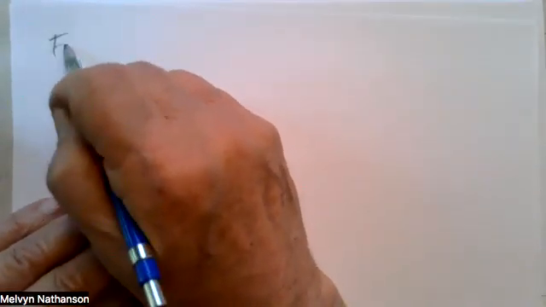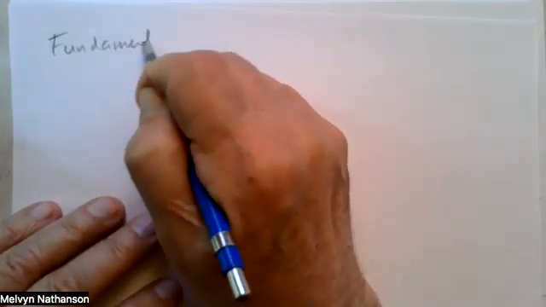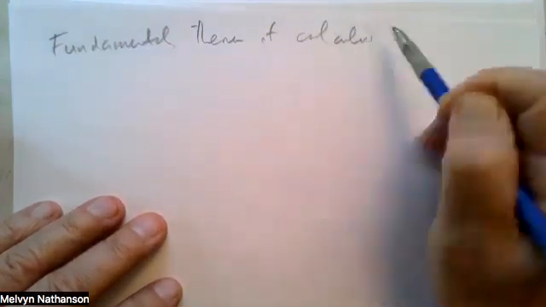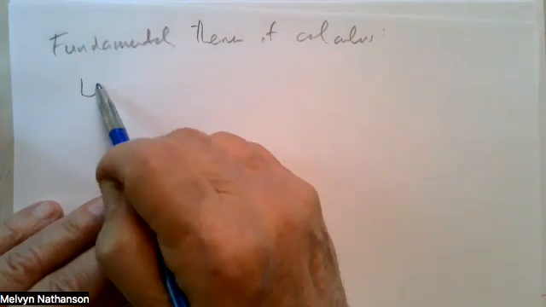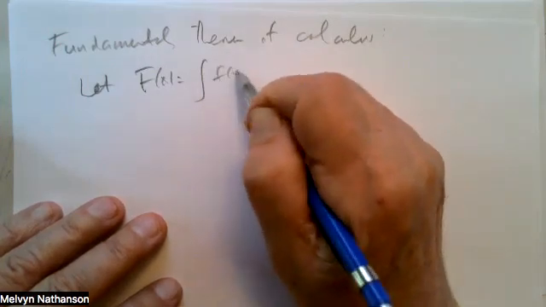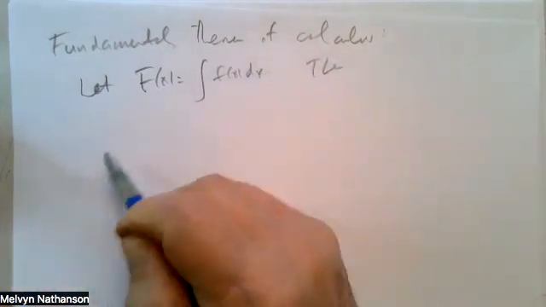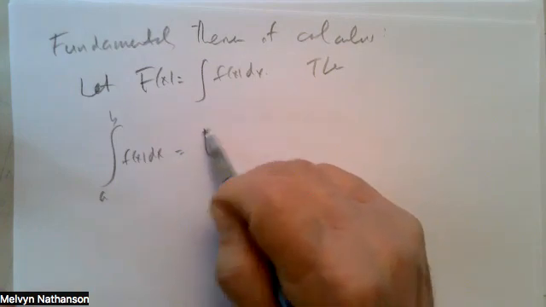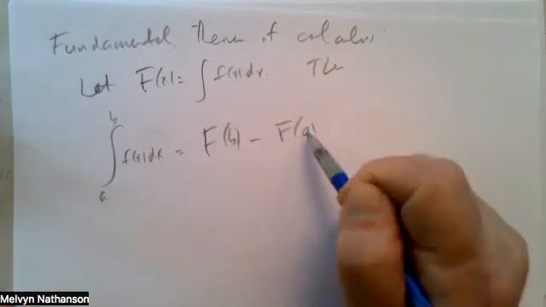And it turns out there's a miraculous connection between the indefinite integral and the definite integral, which is expressed by one of the two forms of what is called the fundamental theorem of calculus, which says that if capital F of x is the antiderivative or the indefinite integral of f of x dx, then the definite integral from a to b of f of x dx is equal to capital F of b minus capital F of a.